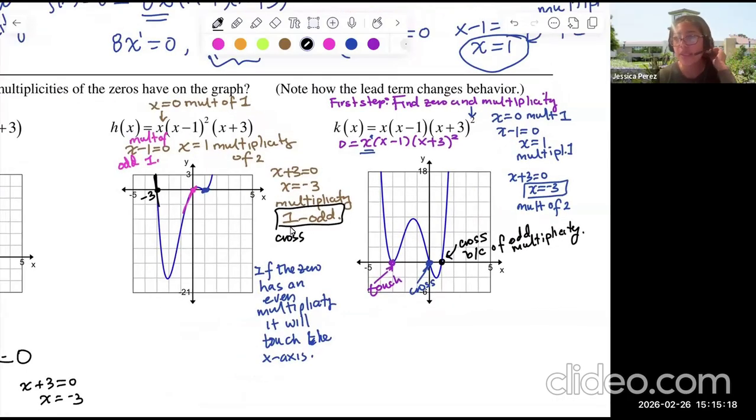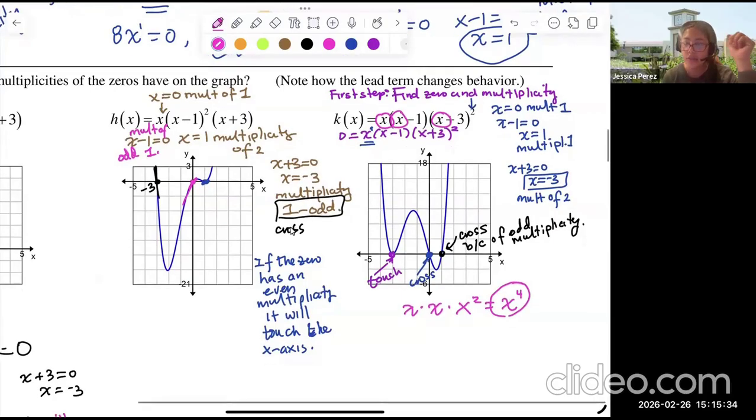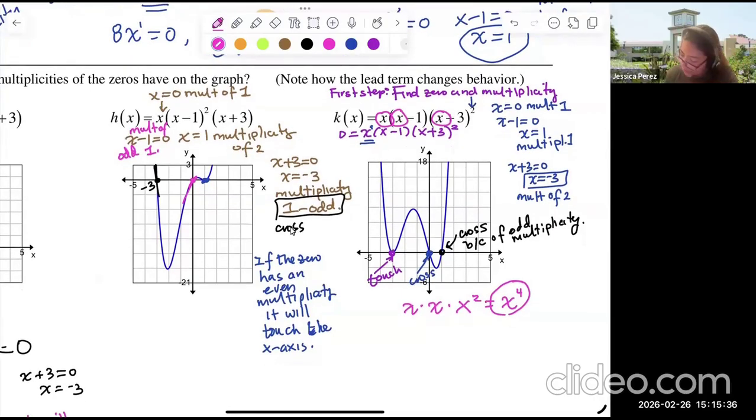And then note how the leading term changes the behavior. Now, our leading term would be x times x times x squared. That's an x to the fourth. So it will behave as an x to the fourth. So the end behavior, if we remember, of a positive x to the fourth would be as x approaches infinity, my function will also go to infinity.